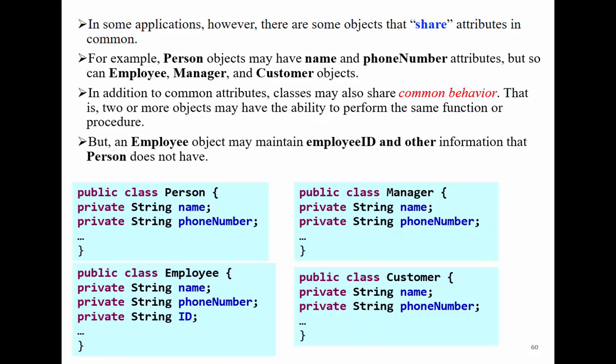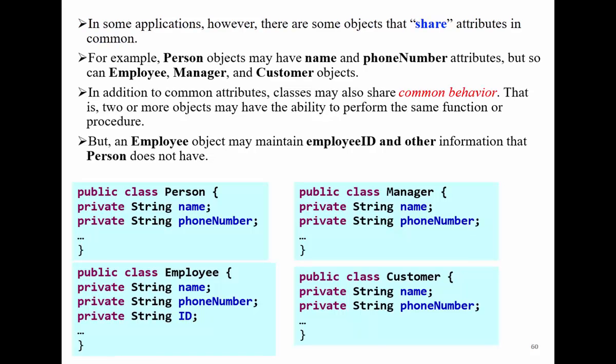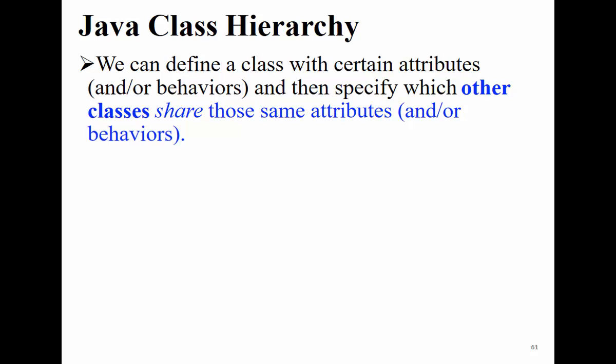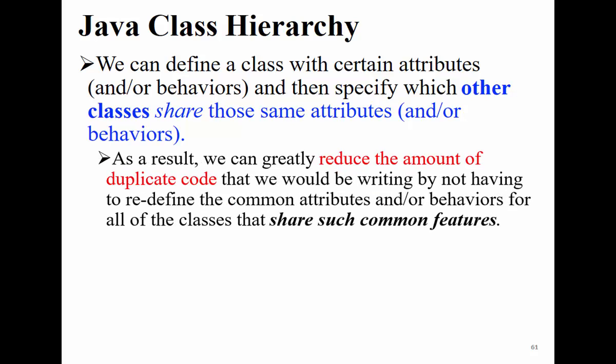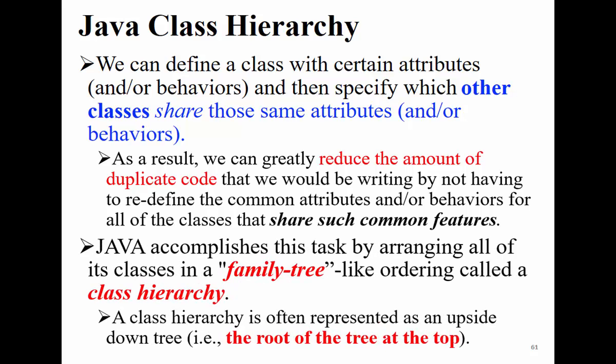As we mentioned, employee maintains the employee ID, which is extra information from the person. So we have what we call class hierarchies inside Java. This will allow us to order the classes based on their common attributes and common behaviors. This will allow us to reduce the amount of code and duplication by sharing common features between the classes.